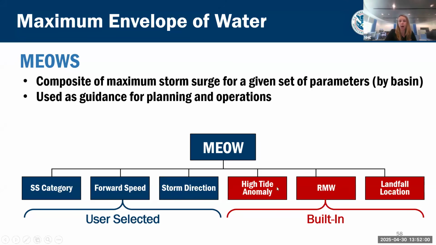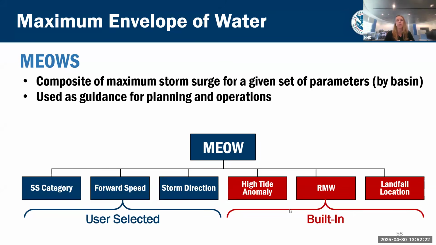There are a couple things that are built into the MEOWs. We are going to assume high tide anomaly, especially in the planning phase. We are not sure when the storm is going to make landfall relative to the tidal cycle. So it's always good in the planning phase to plan for high tide. The size of the storm is also built into these MEOWs.